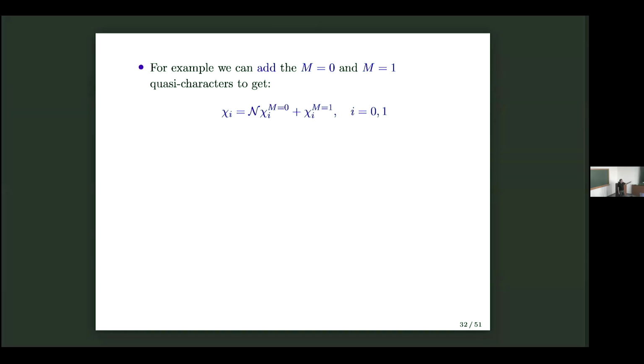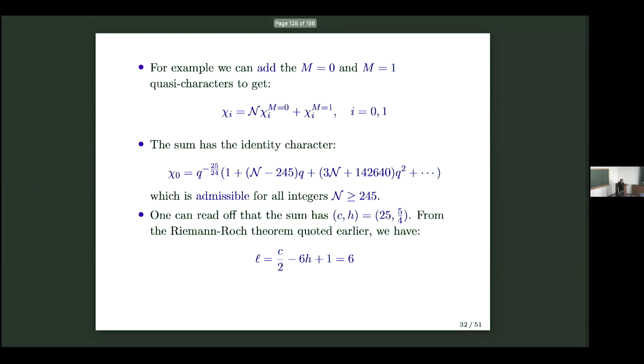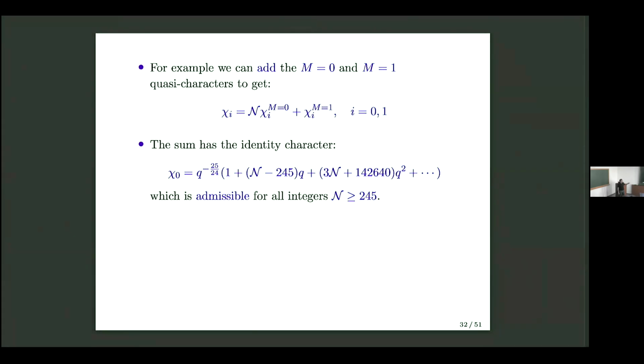I'll just add them, but I'll keep a number n over here, which I'll keep fixed, and it will be some arbitrary integer. We'll try to see what it should be. When we add them, the identity character becomes this. And you see that if n is greater than or equal to 245, the non-admissibility is gone and the whole thing is admissible. So that's a kind of linear bound on n.